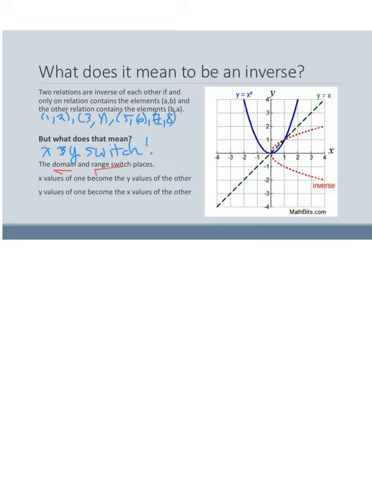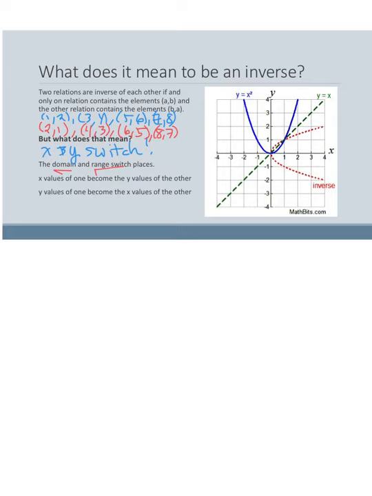If that's the original function, the inverse function just means we're going to switch X and Y. So instead of (1, 2), we have (2, 1). Instead of (3, 4), we have (4, 3). Instead of (5, 6), (6, 5). Instead of (7, 8), (8, 7). So really all you're doing is just changing the X and Y.